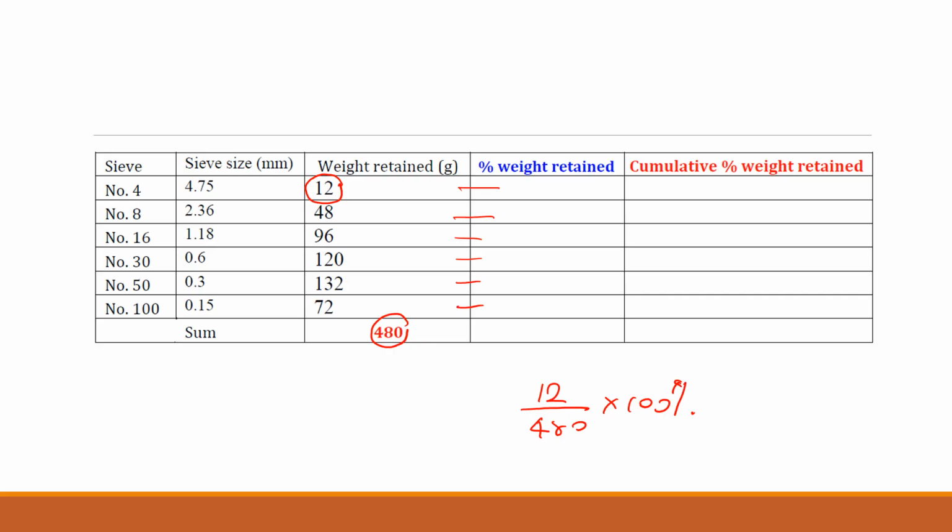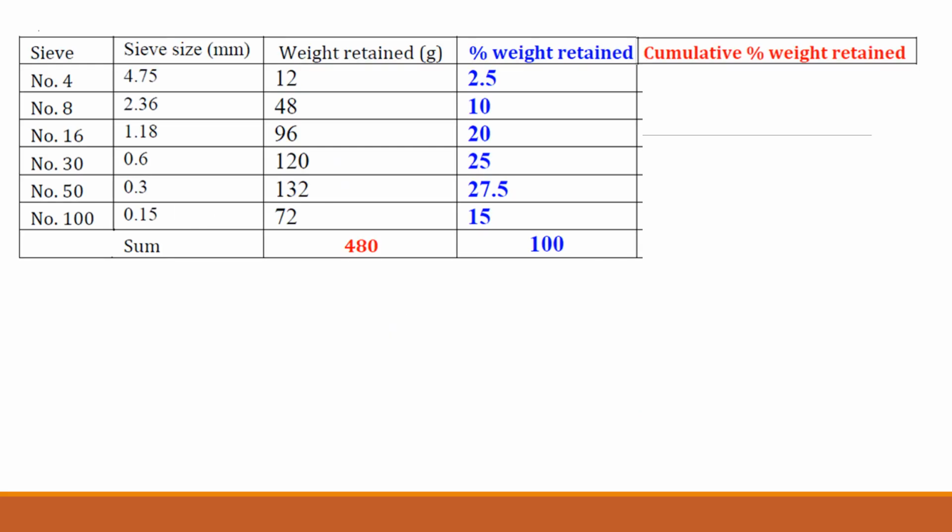It is just cumulative. So what did you get for these numbers? Did you get this or not? If you have done this right, you should get 100% at the end. Now how do we make it a cumulative percentage weight retained? This will be 2.5, the next will be 2.5 plus 10, the next one 2.5 plus 10 plus 20.